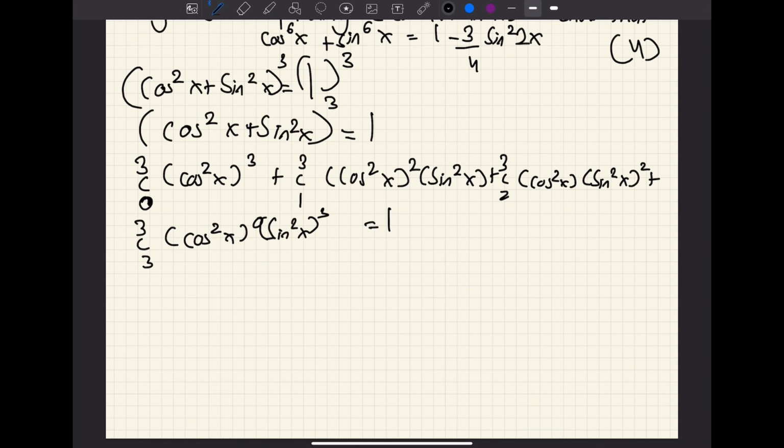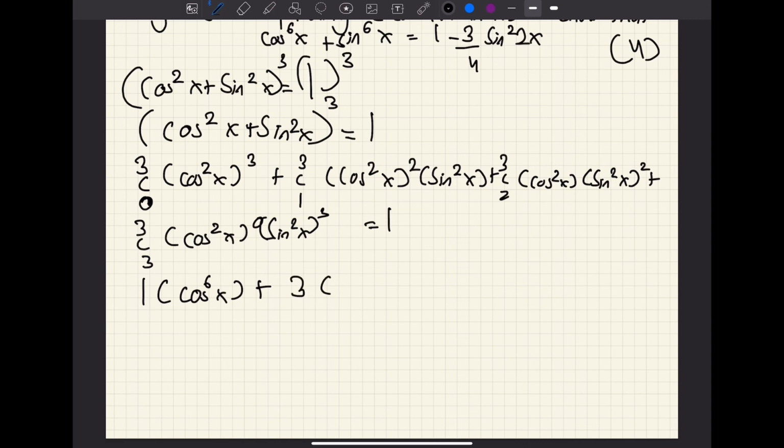Did not come prepared for this video. Okay, so 3C0, we know beforehand that it's always going to be equal to 1. So 1 into cos square x cubed is cos 6x. Let's move on. 3C1 is equal to, sorry, it's equal to 3.